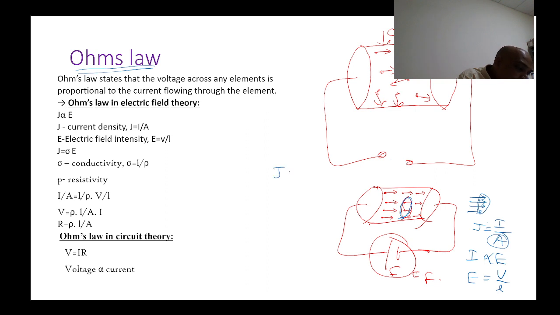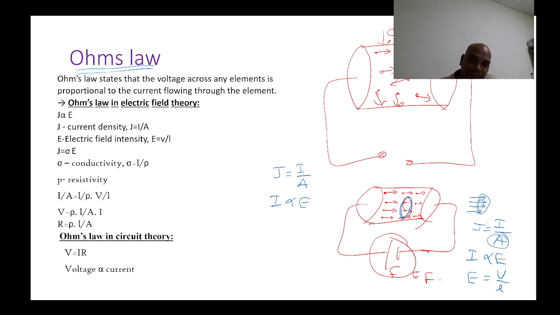Current passing through the conductor is nothing but current. Current passing through a small area is current density. The current density depends on current, but the amount of current passing through the area depends on the electric field. If you apply more electric field, more current passes through the same area.